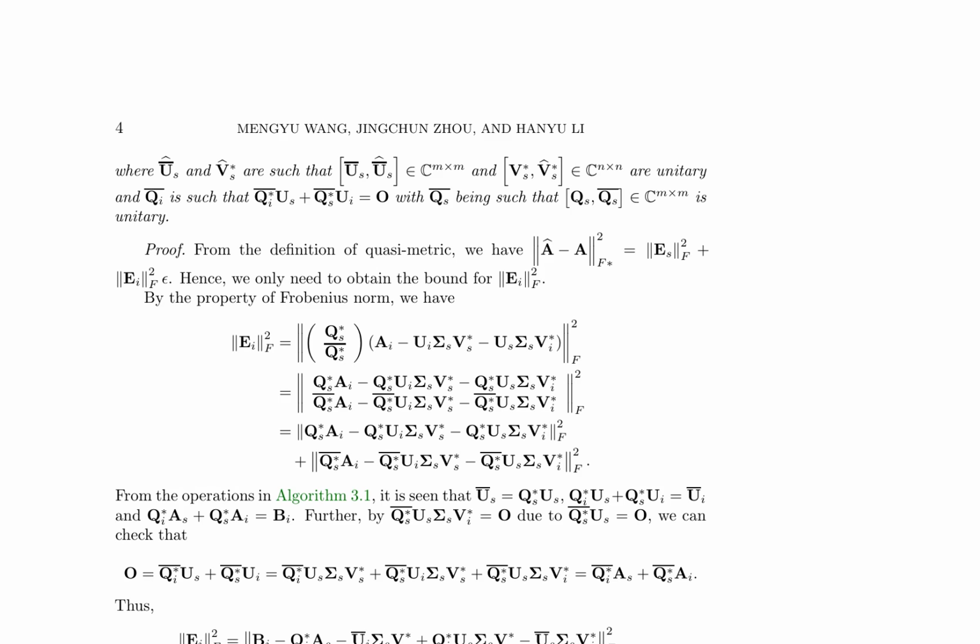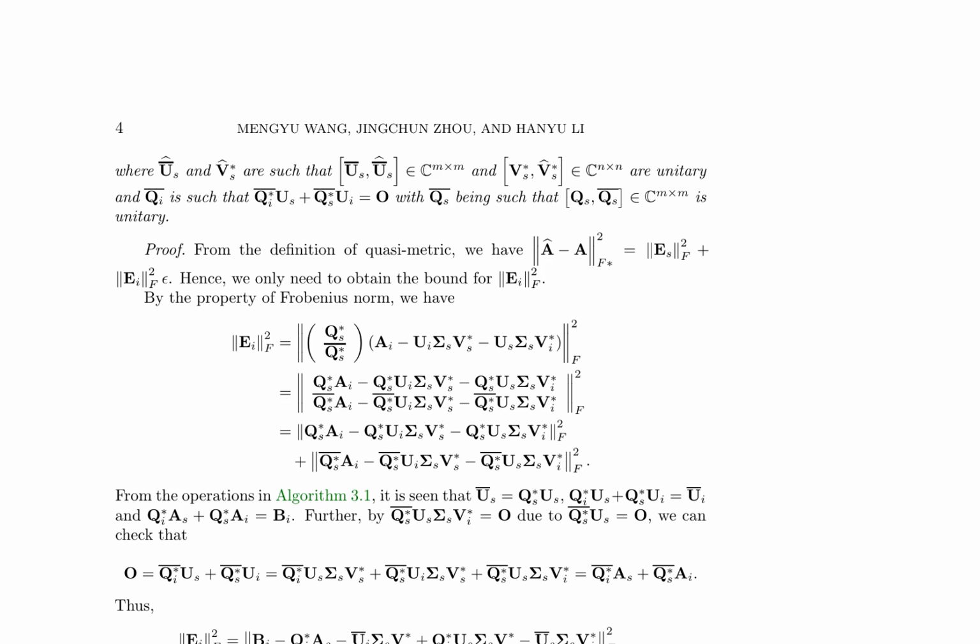The first term, the squared Frobenius norm of Q-star times Psi minus Q-star times Us sigma Vs-star times S minus Q-star times Us sigma Vs-star times I, is bounded using the unitarity of chi and Q's.